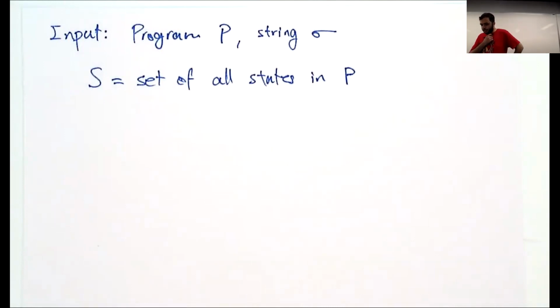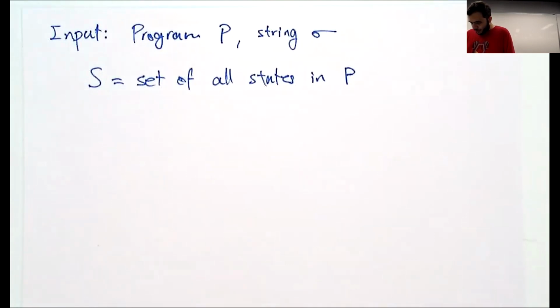But basically, let's think of it as the set of all possible configurations of the program. So if your program is a while program, let's say that this is the set of, for example, all pairs of valuations and line numbers. Okay, so every state that your program can be.